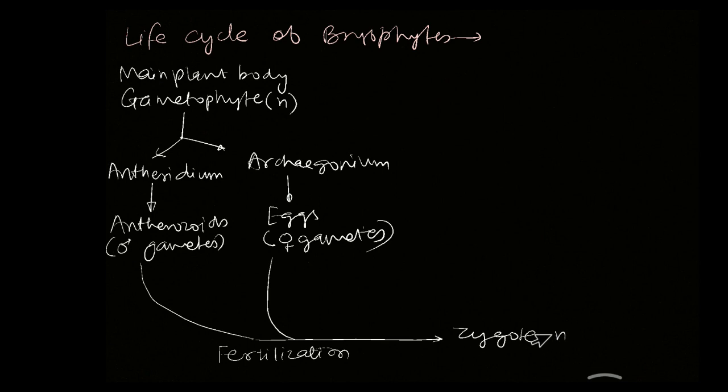This zygote is a diploid structure, and all these other structures are haploid. So we can say in bryophytes the male and female gametes are produced by the process of mitosis, and meiosis occurs in the capsule. The sporophyte is made up of three structures: foot, seta, and capsule.